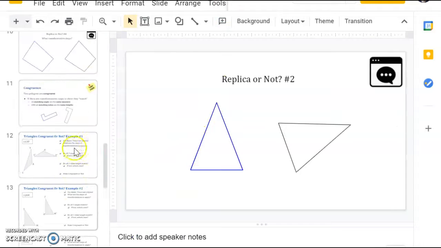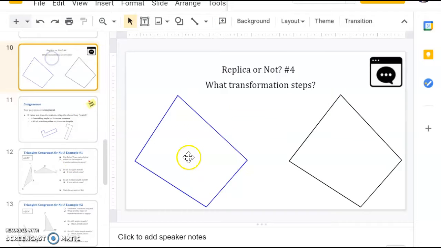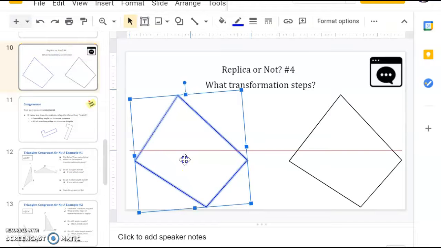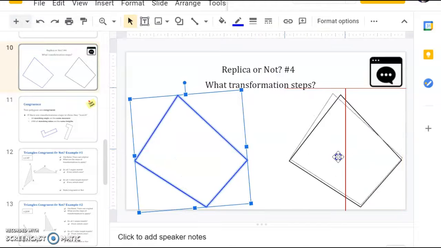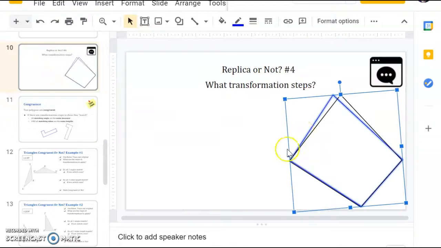To do that, I am going to go right here. If I move this, it certainly looks like they might be congruent. But if I match up here, what do you notice? Look at the blue line and the black line. Do they match? The bottom left line matches, the bottom right line matches, and this bottom angle matches from the blue to black.